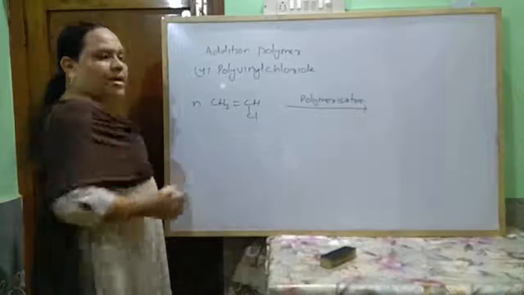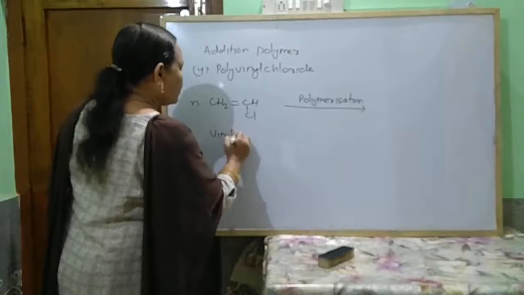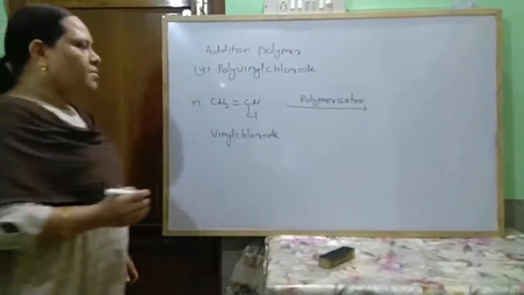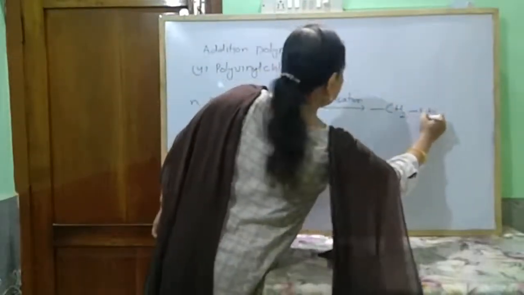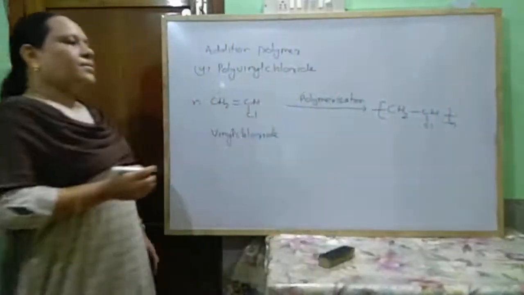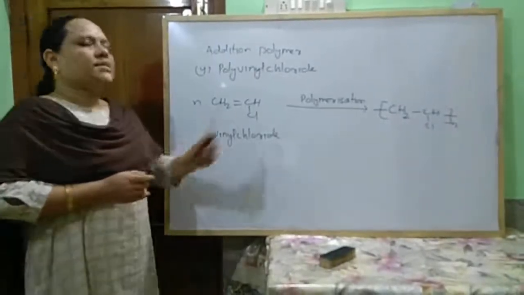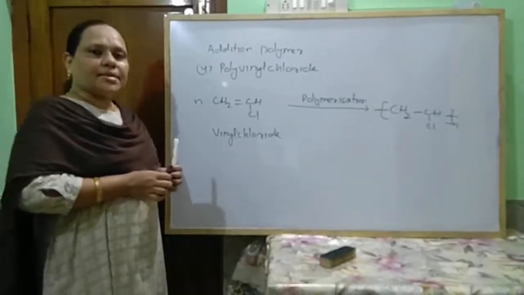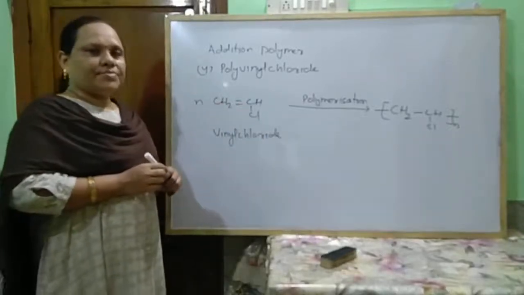N number of vinyl chloride units undergo polymerization to form polyvinyl chloride, without elimination of any other small molecules. This is an addition polymer. Polyvinyl chloride is used for making PVC pipes.